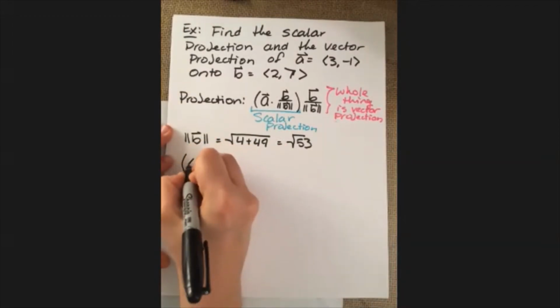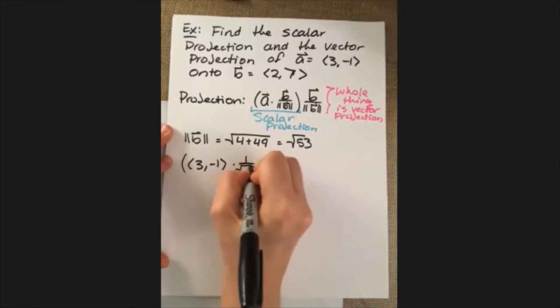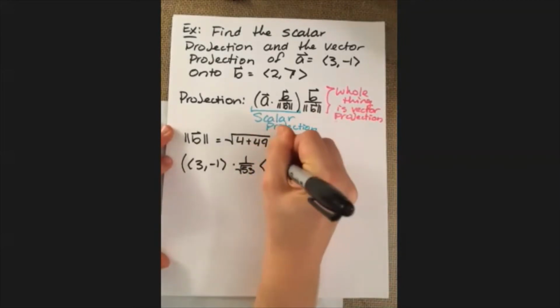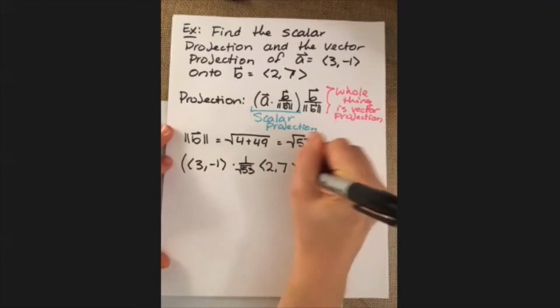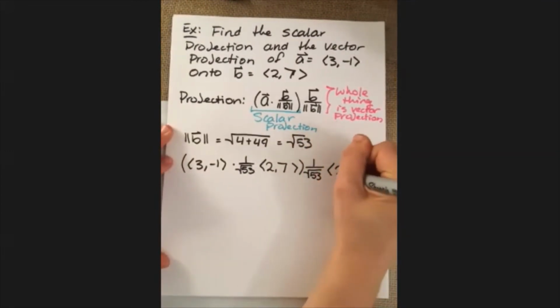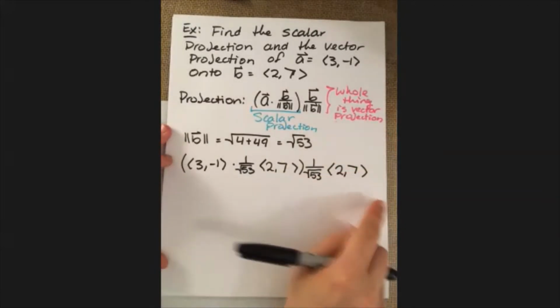I'll have (3, -1) dotted with 1 over root 53 times (2, 7), and then all of that is times 1 over root 53 times (2, 7).